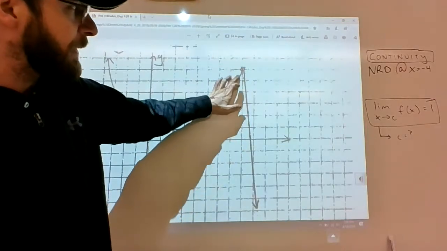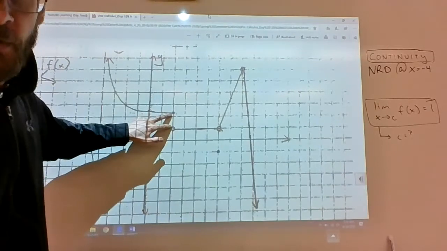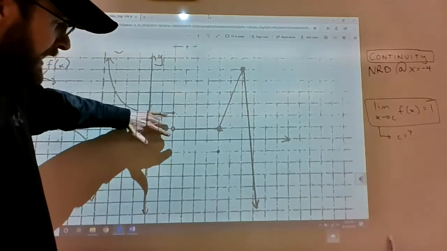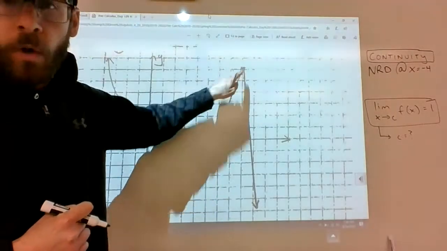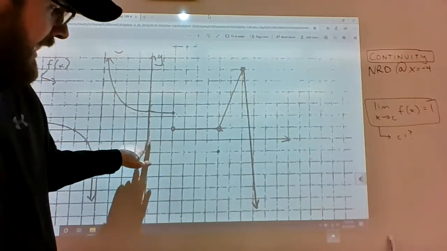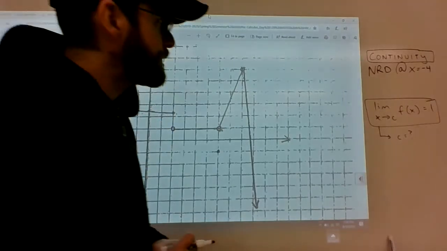It's almost like there's a pothole there. It hops over it and then just goes right back down. This is what I am describing as a break in the graph. It's a place where it basically cannot be bridged by just filling in one particular point. So there's a non-removable discontinuity at x equals 2, because of the break at x equals 2.